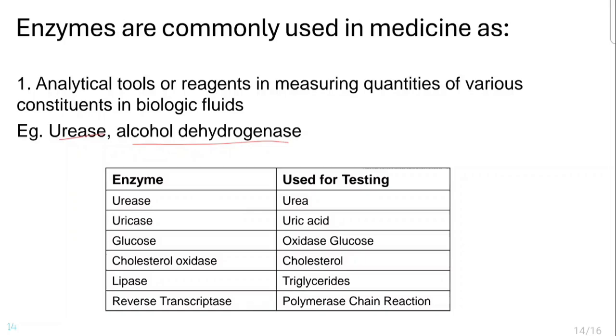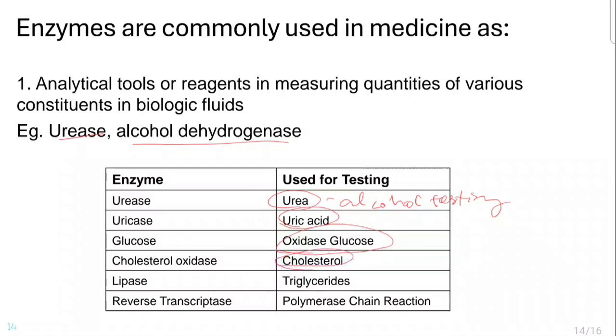So where are they used? Urease is used in detecting urea, especially for alcohol testing. Uricase is usually for the uric acid test. Glucose oxidase is for glucose.